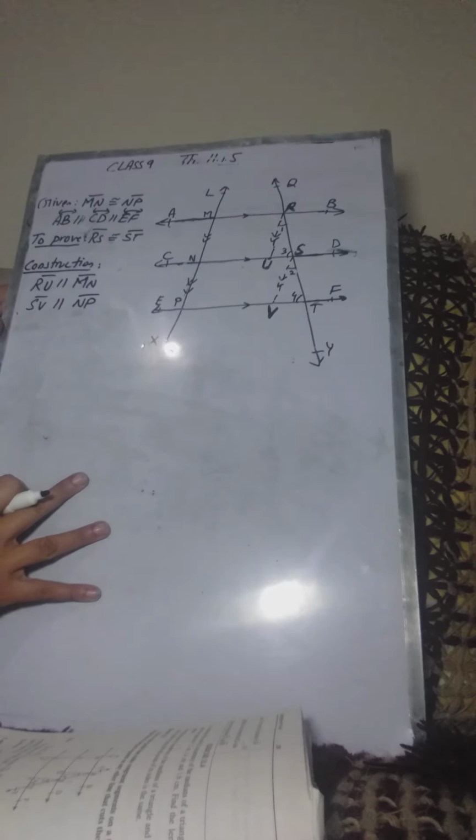From construction, what we got, we drew two parallel lines: RU parallel to MN, and SV parallel to NP. Now let's start the proof here.